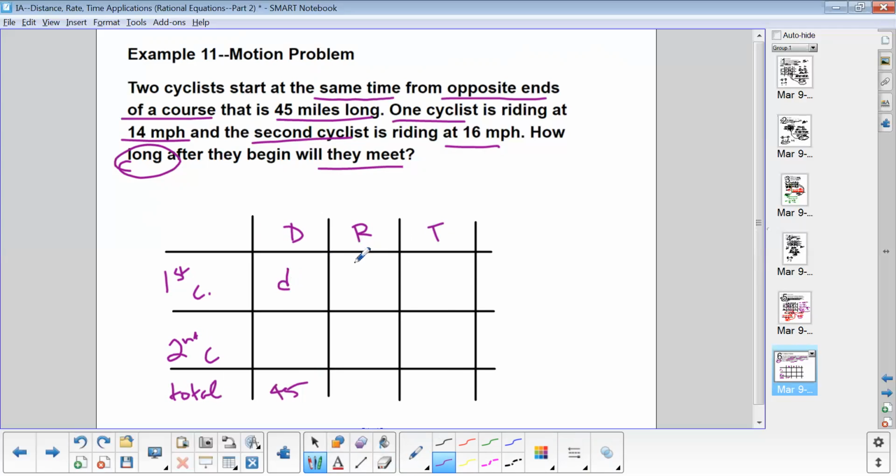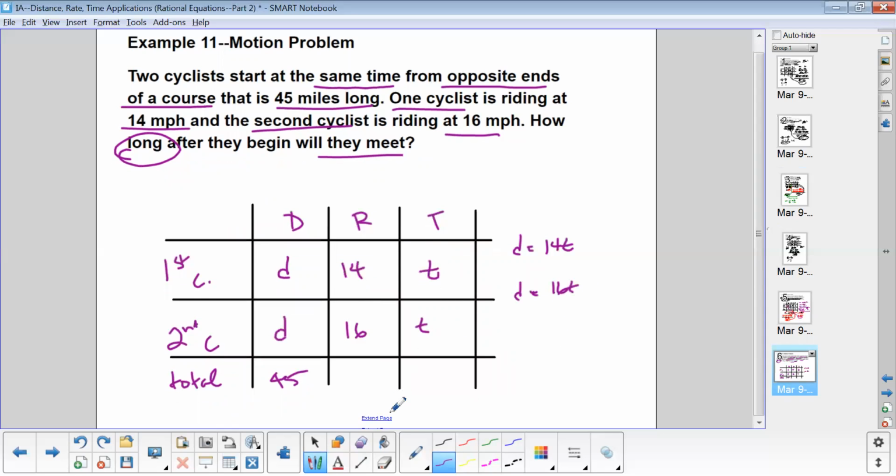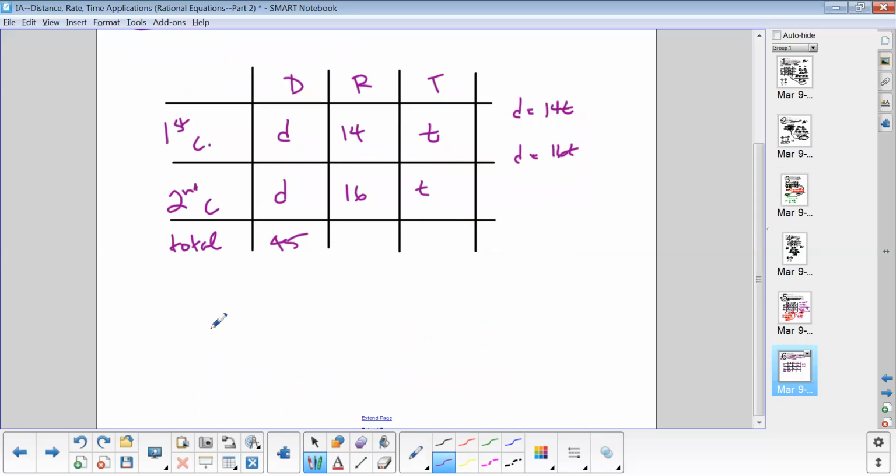So how far did they go? This first cyclist is riding at 14 miles an hour for some time, t. So the first cyclist's distance equals 14t. The second cyclist is riding at 16 miles an hour, so they're at 16t. So what we want to know is that one's going this direction, and one's going this direction, and at some point they're going to meet up.